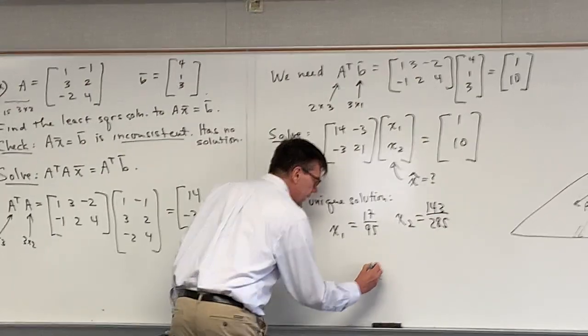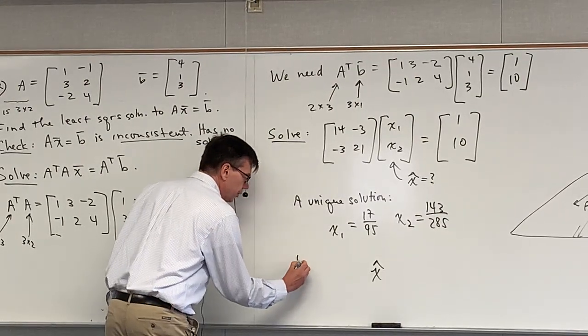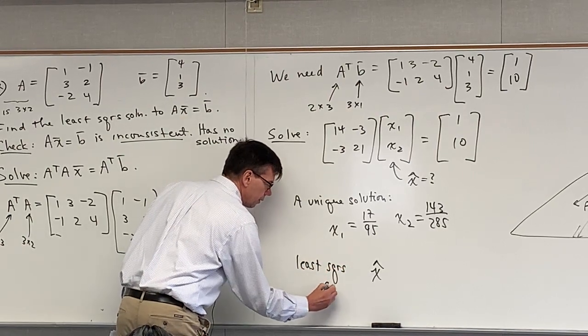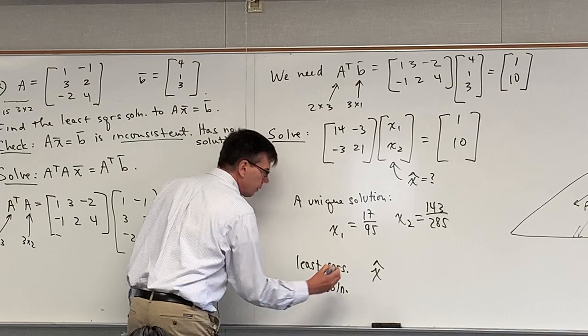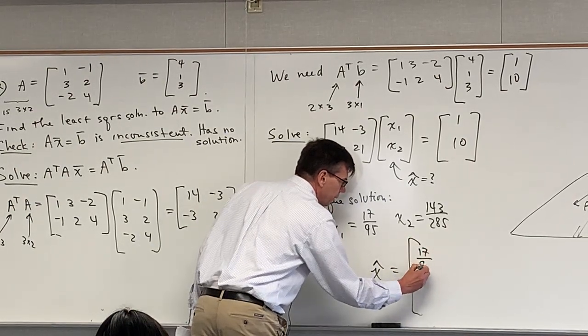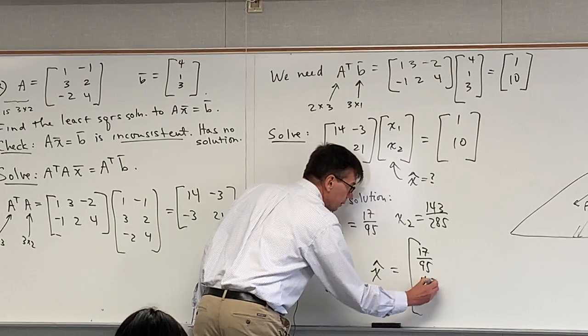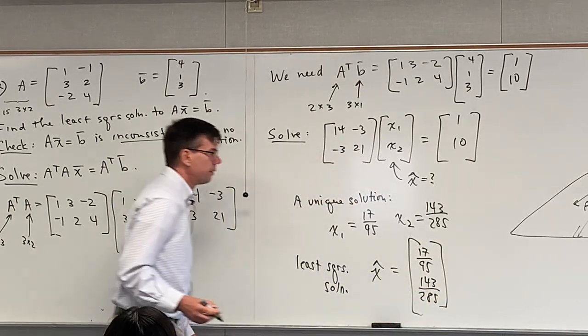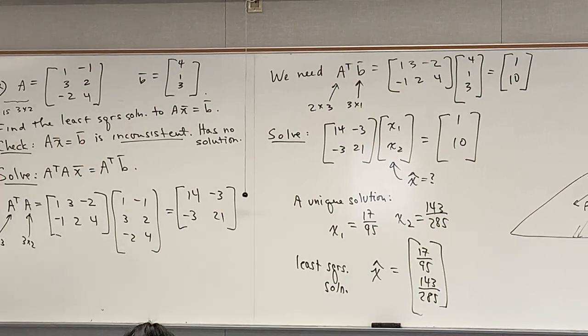So what we call x hat, our least squares solution, is just the column vector of those two numbers. The numbers are gross, so it's not too hard to picture.